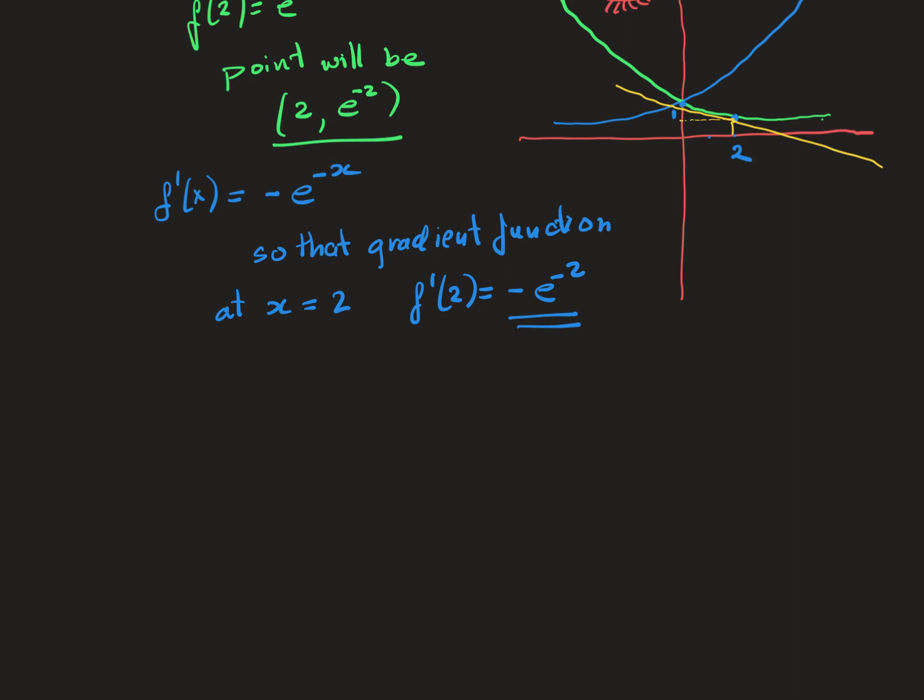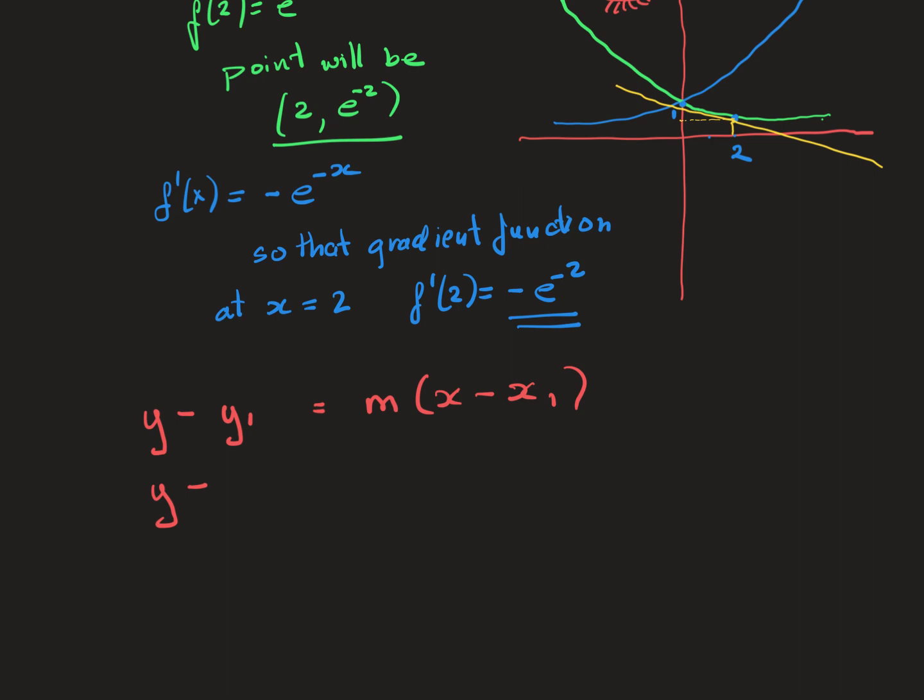The equation I usually write is y minus y1 is equal to m times x minus x1. You may see it differently, you may use it in a different form, it's still the same thing. So now we just substitute: y minus, what's y1?